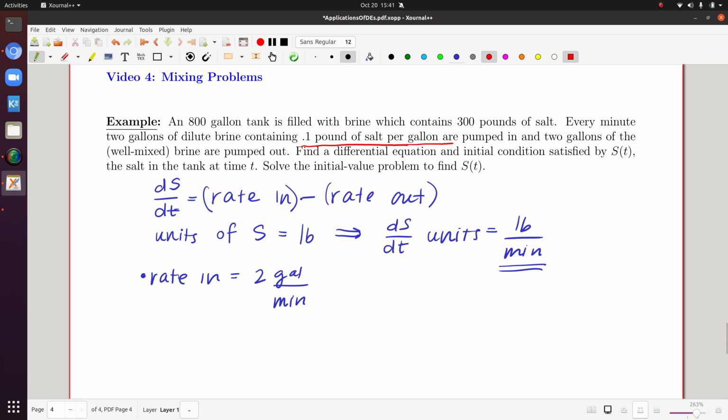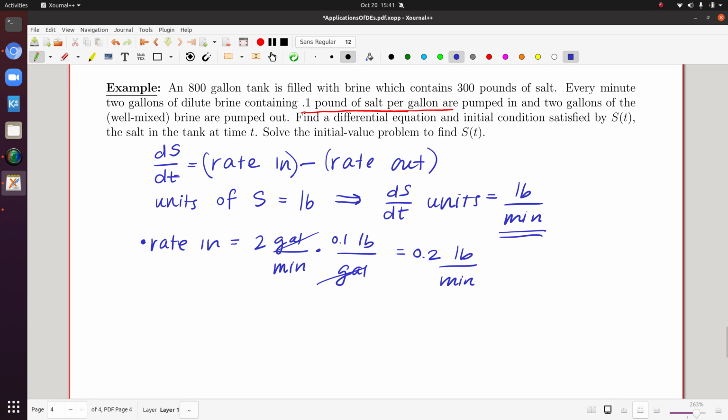So if we have this rate of 2 gallons per minute, and we know that there are 0.1 pounds of salt per gallon, then that does give me the appropriate units: 2 times 0.1, or 0.2 pounds per minute. So keeping in mind the units here is really helpful to find the appropriate rate in each case.